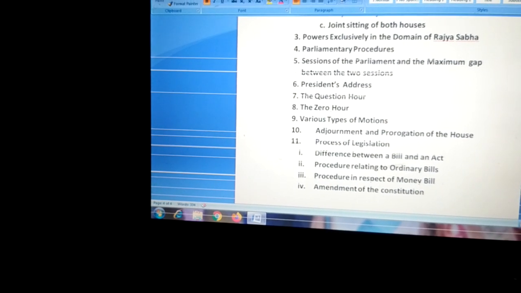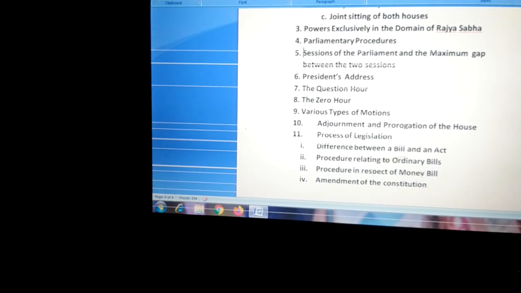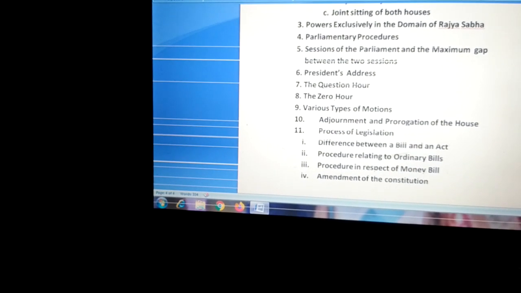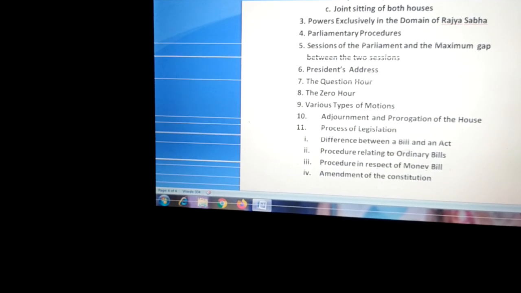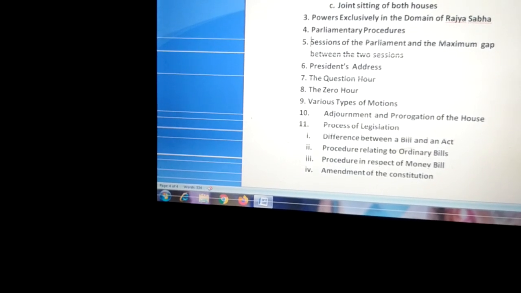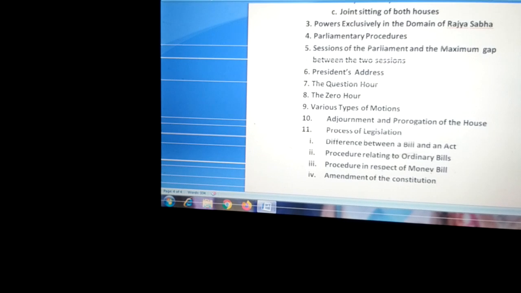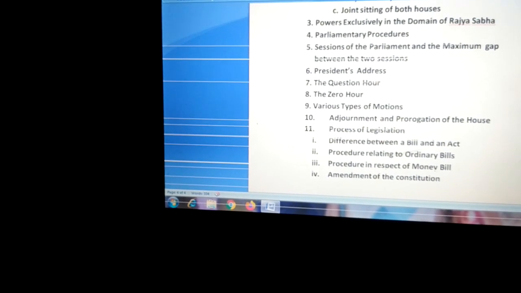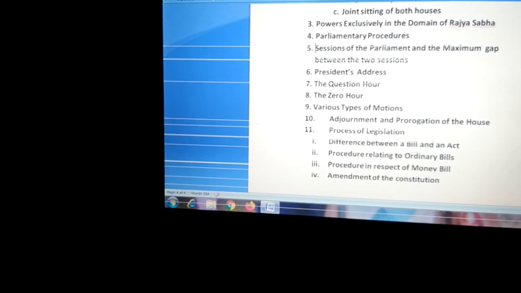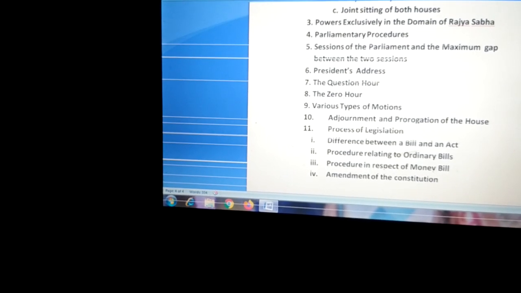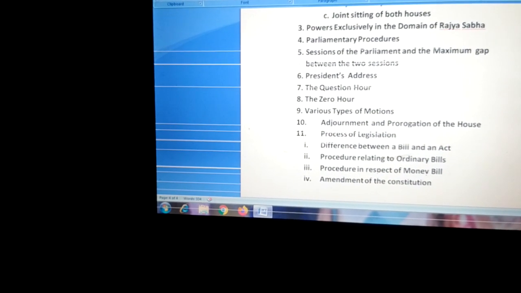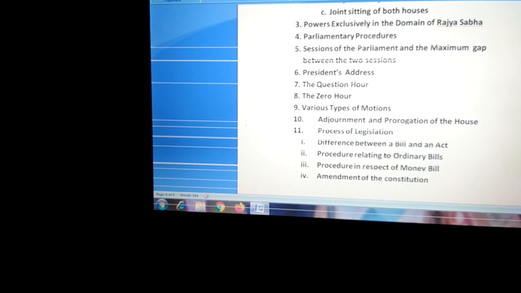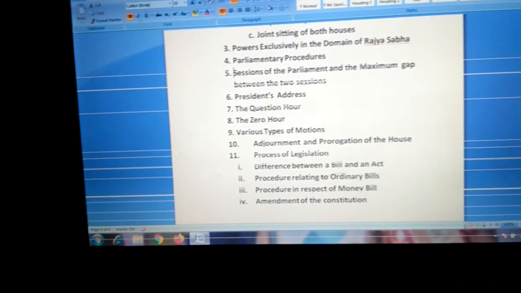And there are three types of questions: starred questions, unstarred questions, and short notice questions. Starred questions means those to which a member wishes to have an oral answer on the floor of the house. Such questions are distinguished by an asterisk. Supplementary questions may be asked after replies to such questions are given by the minister.